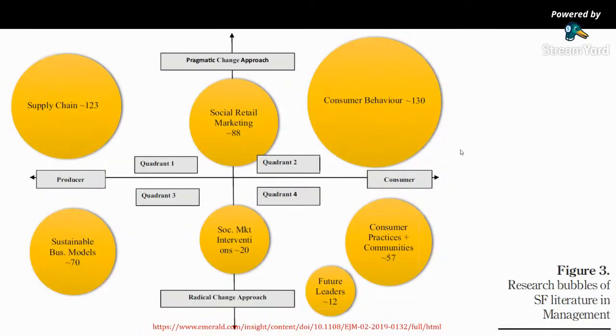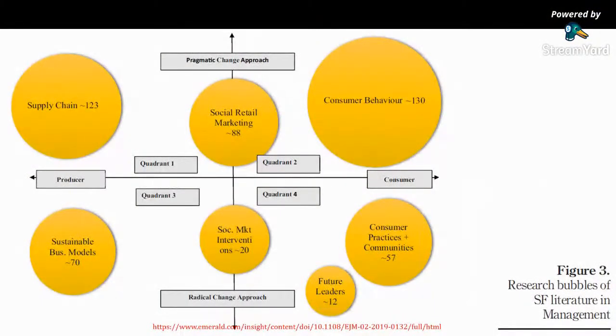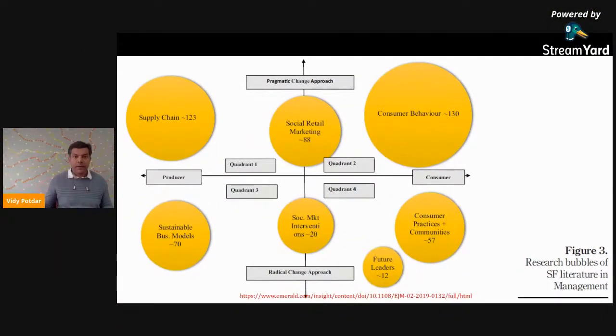So figure 3 is this figure, and this figure is okay. So this figure 3 is a result of the study that these authors have done, and they identified or grouped the literature into different circles or bubbles here.